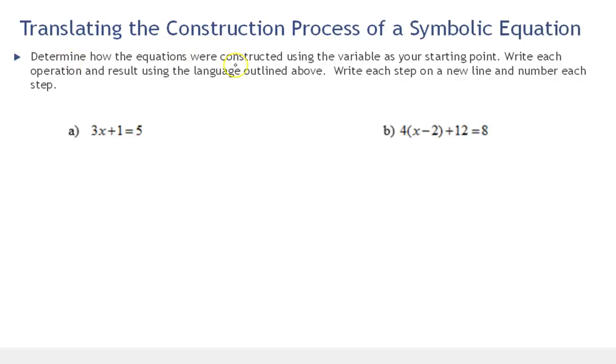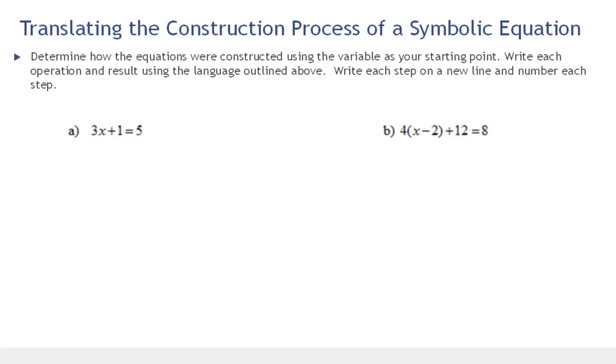Determine how the equations were constructed using the variable as your starting point. Write each operation and result using the language outlined above, and write each step on a new line and number each step. Here we have the equation 3x plus 1 equals 5.